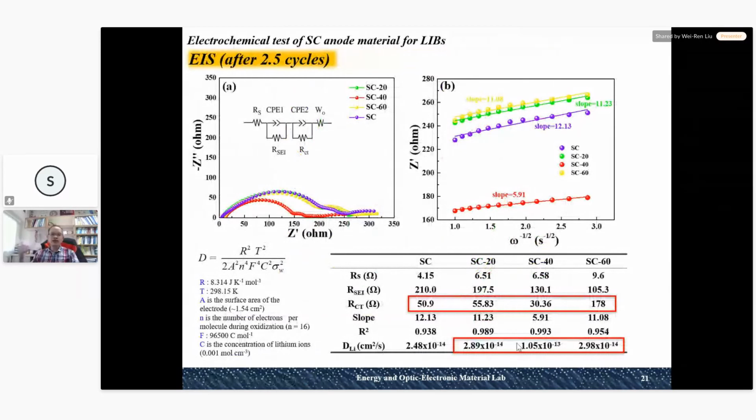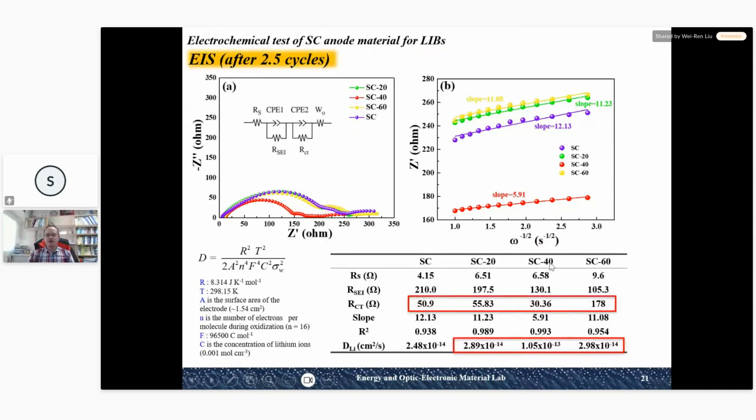We also use EIS to see these 4 samples after 2.5 cycles, and to see the impedance evolution before and after the plasma treatment. Here we use the equivalent circuit to fit and identify the impedance from the RSEI and the charge transfer resistance. You can see for the pristine, there's a very large impedance, including high SEI impedance and high charge transfer resistance.